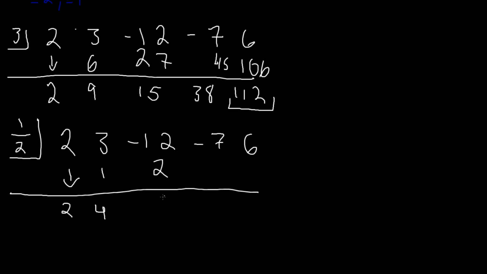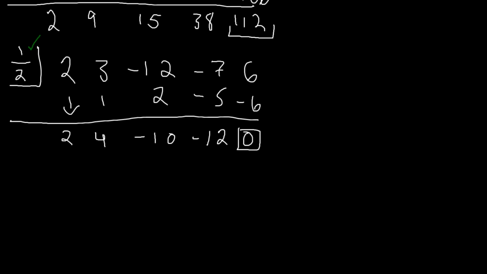Negative 12 plus 2 is negative 10. Negative 10 times 1/2 is negative 5. Negative 7 minus 5 is negative 12. Negative 12 times 1/2 is negative 6. And 6 minus 6 is 0. So because we have this 0 right here, 1/2 is a zero of the function.